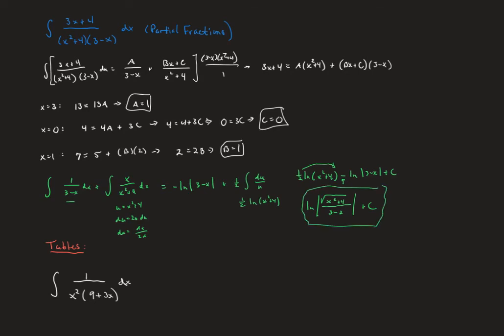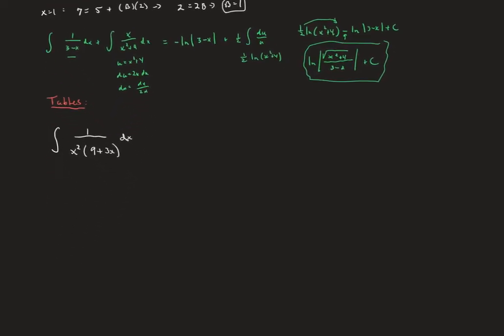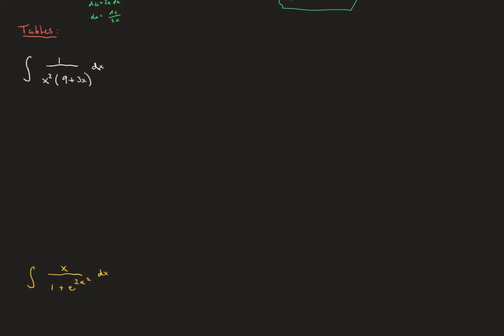Okay, so now we're going to move on to our tables. So we can bust those out and see if we can find something that looks like that. So I'm seeing that this looks like it might be number 12. And number 12, let me see what that looks like.